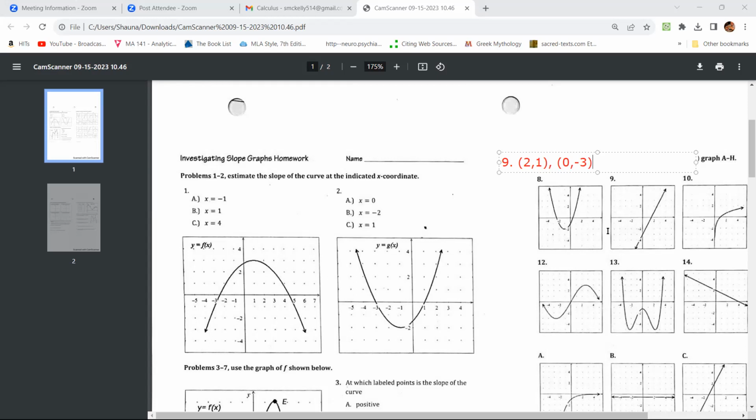Now, that slope is constant, right? So the derivative of this, if I find a tangent line to this line, it's a line, so my tangent line is going to have the same slope that this does, but it's going to be constant. Think about it.